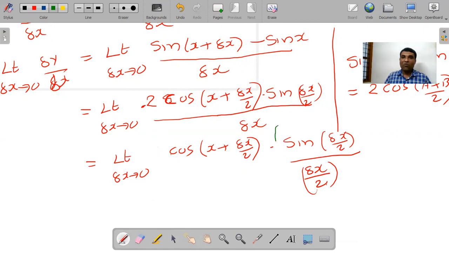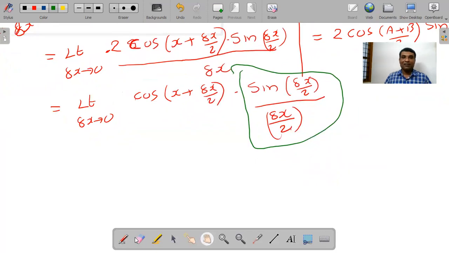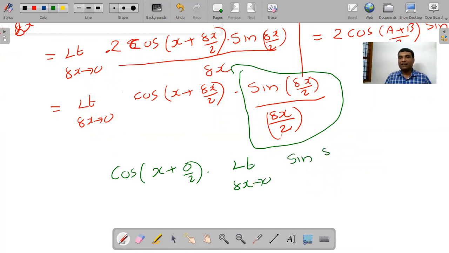This is a well-known limit, right? So we can apply the limit. Now by applying the limit, delta x is 0, so 0 by 2 becomes 0. Cos of x plus 0 by 2 multiplied by limit delta x tends to 0 of sin of delta x by 2 divided by delta x by 2, right?